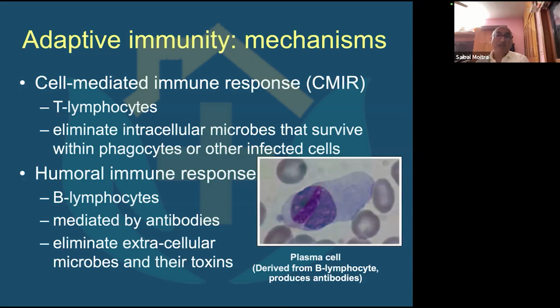If we talk about viruses, it is the nucleic acids: single-stranded RNA, double-stranded RNA, and double-stranded DNA. These are the specific molecules which give identity to a microorganism. They are recognized by these innate immune receptors, the pattern recognition receptors, and so these are called pathogen-associated molecular patterns, or PAMPs.